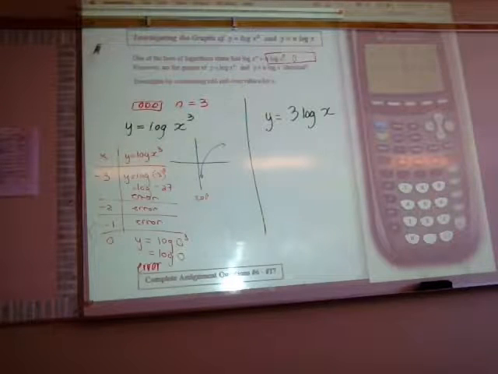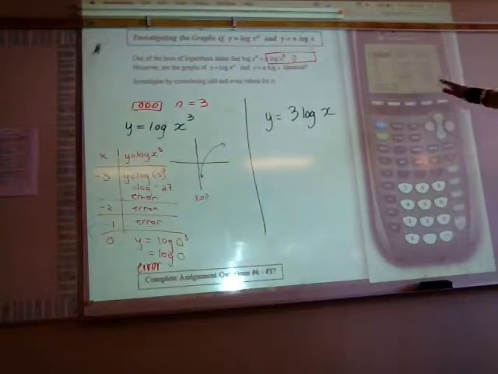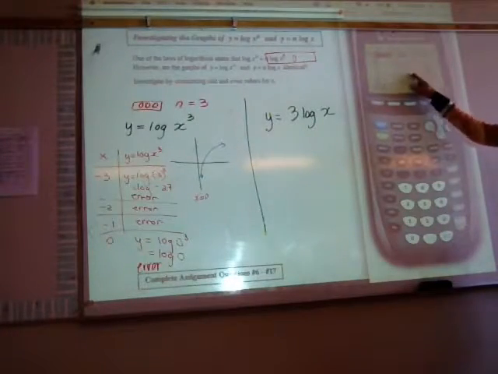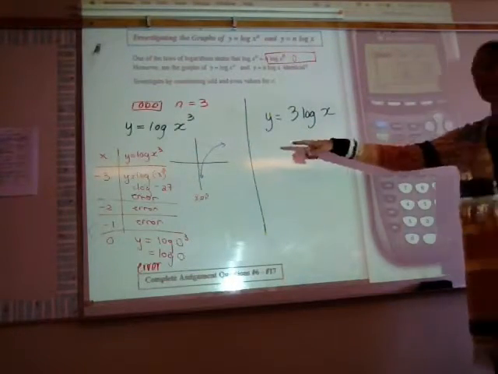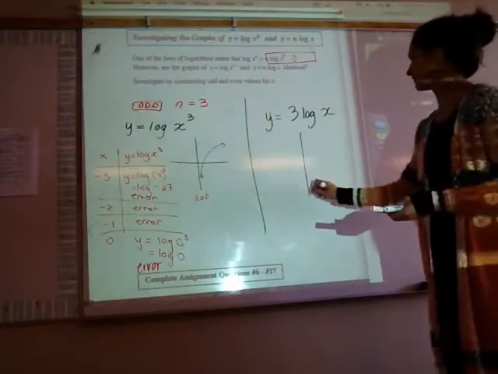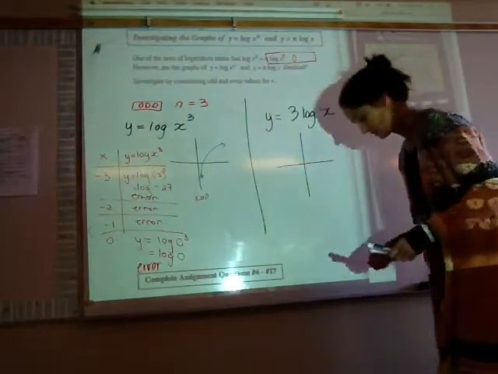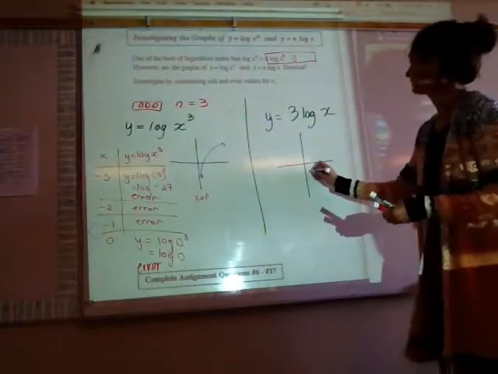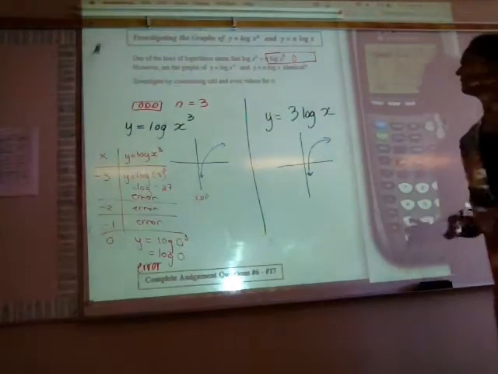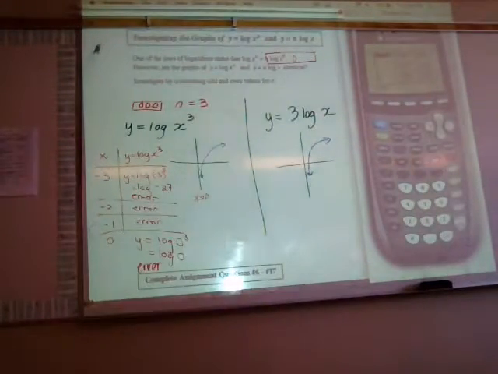I'll go to my table of values. What do you guys notice is occurring? They're the exact same. That graph and this graph are identical. They're exactly the same.